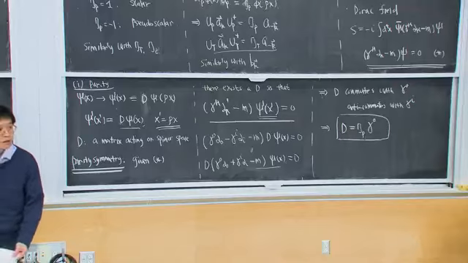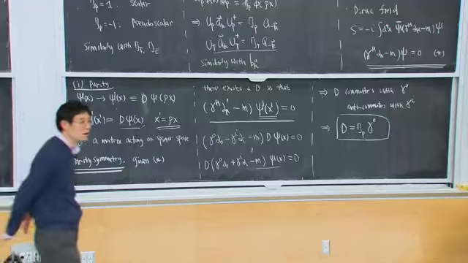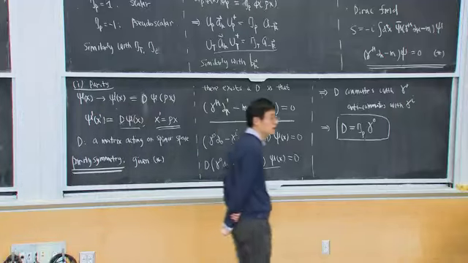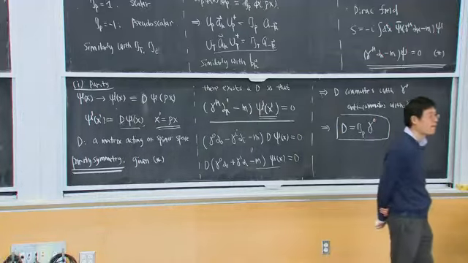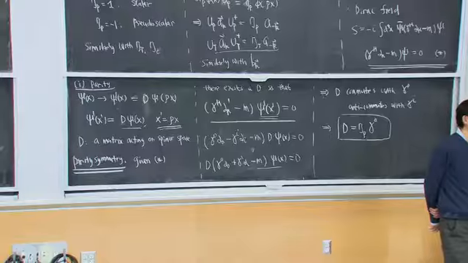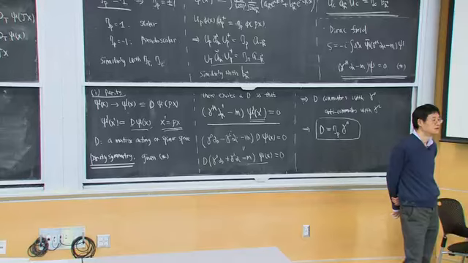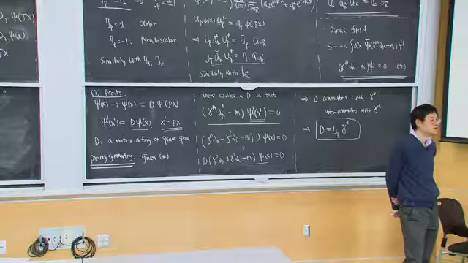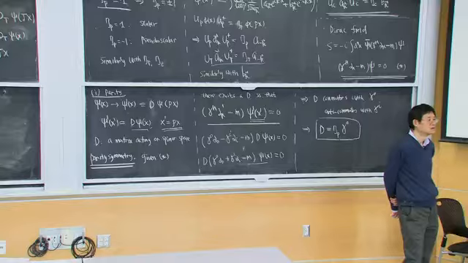Yes? Is it possible to have a situation where in one frame a quantity is conserved through a parity or a time reversal transformation, but in a Lorentz boosted frame that's different? Or if it's conserved in one, is it conserved in all?